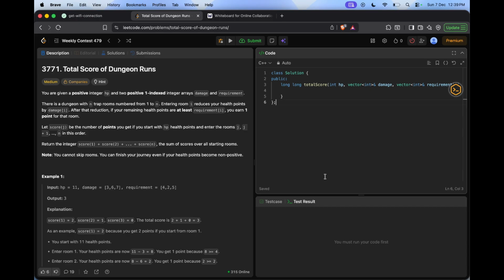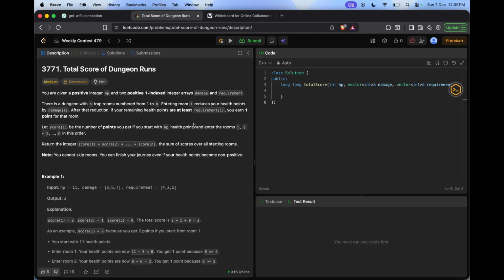Okay. So let's move to the next problem. We are given a positive integer HP and two positive one indexed arrays, damage and requirement. There is a dungeon with n traps from 1 to n. Entering room i reduces your health points by damage i.